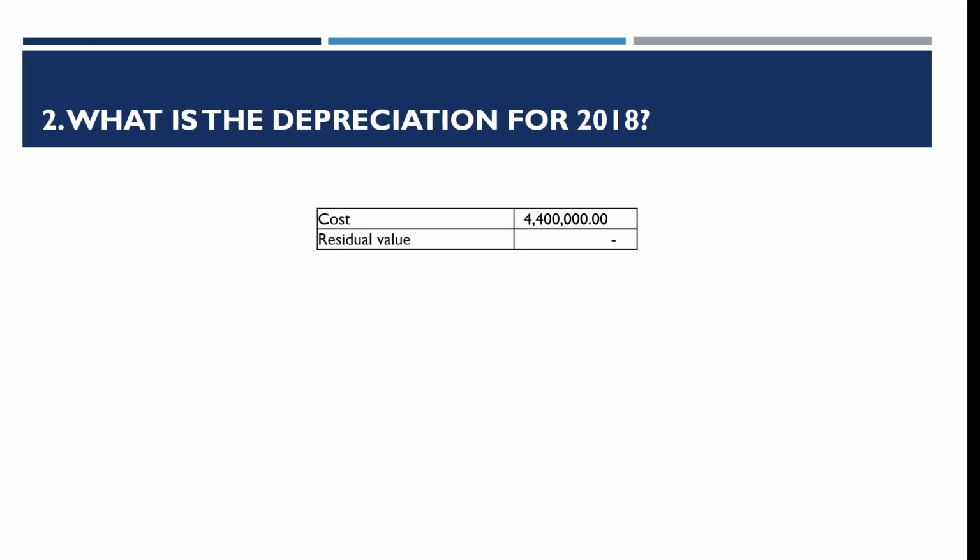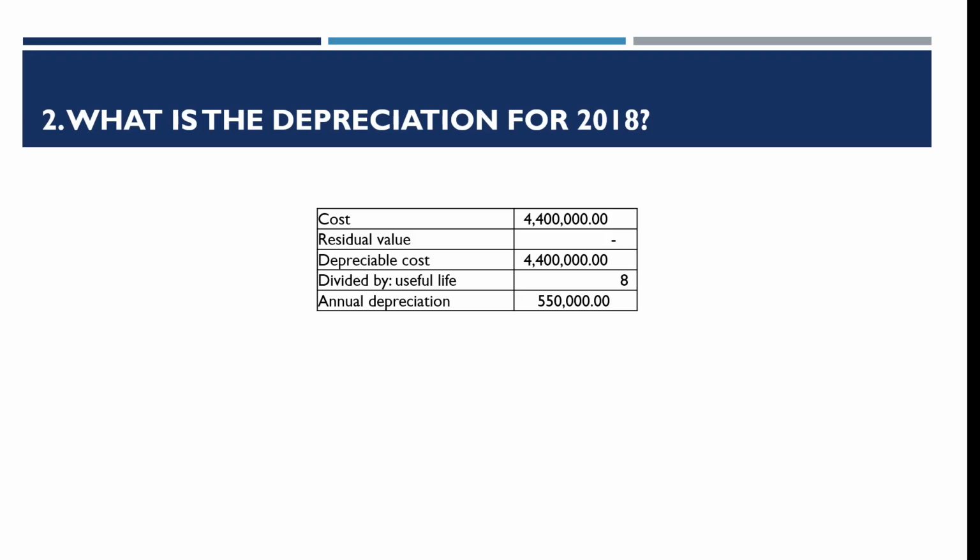So, cost, walang residual value. Wala namang given na residual value sa problem. Then, that will be your depreciable cost divided by useful life ng lease asset. So, magkano annual depreciation? 550. Multiply by number of months depreciated over 12. So, how much is your depreciation for 2018? 550,000. That's for your item number 2.